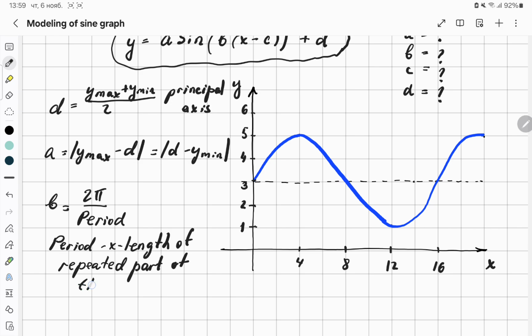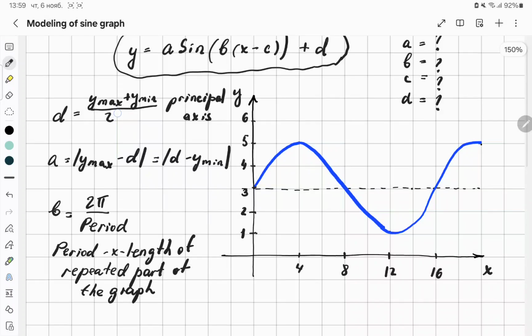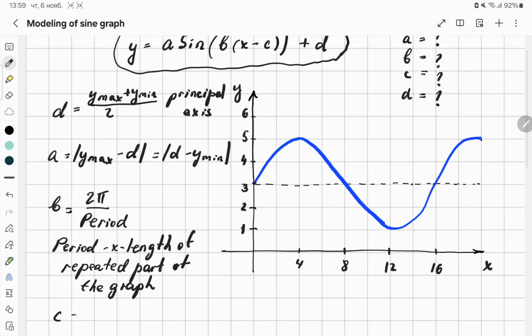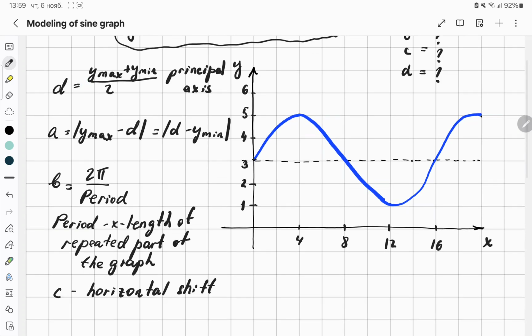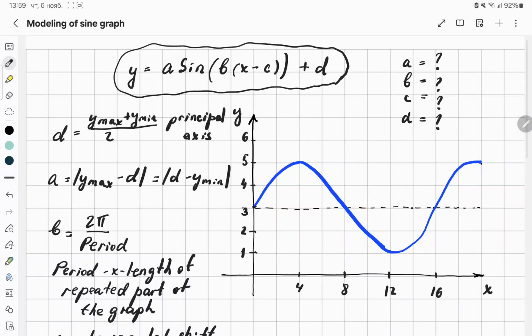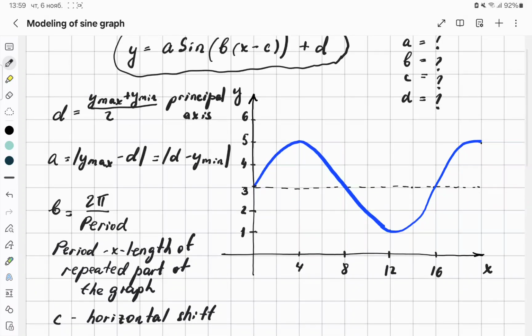A bit later we will turn to the graph, and then I will explain what this means in this context. And then c is the horizontal shift. If you are studying standard level mathematics of the DP, it's not required to find it, but later in other questions we will consider this, but not in this question.